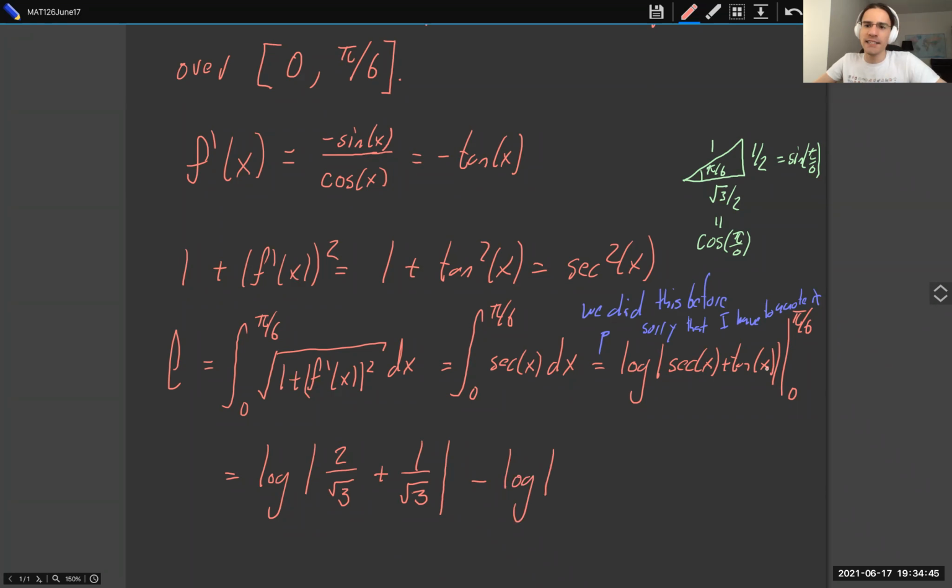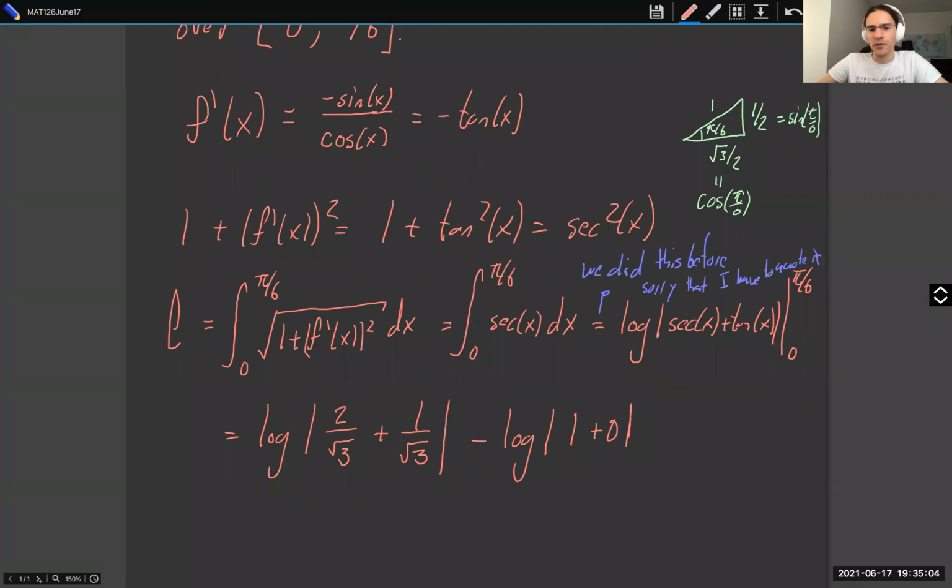And then I get minus logarithm. Well, now I look at 0. Tan of 0 is 0. And cosine of 0 is equal to what? 1. Right. So secant of 0 is also equal to 1 because it's 1 over cos, plus 0. So I just get log 1. What does log 1 equal to? 0. Yeah.